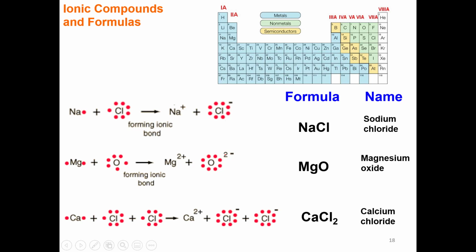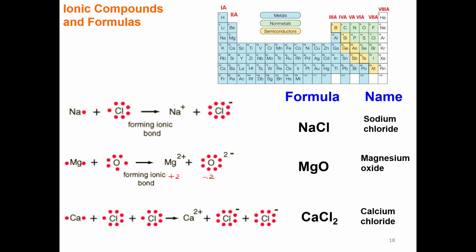And the next thing we want to check is if we have a neutral compound. We have +2 here and -2 here. The total charge for the positive ion is +2, for the negative ion is -2. +2 minus 2 equals 0. We have a neutral compound.